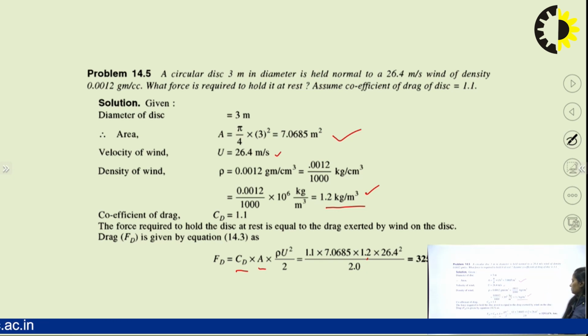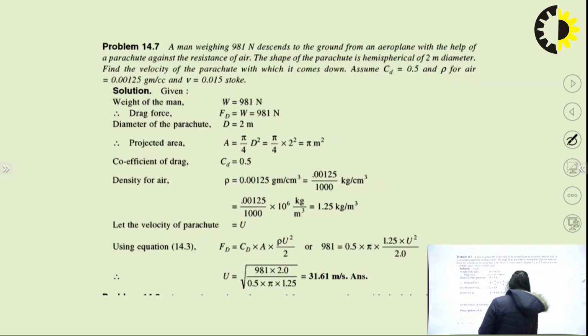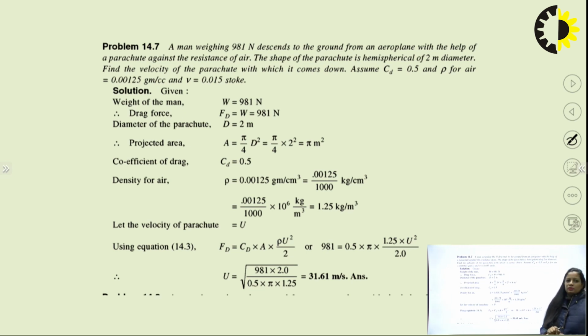Just apply this particular formula and you will get 3251.4 Newton as the answer for this question. Next question. All these questions are basically about drag force, where you can apply the drag force formula.